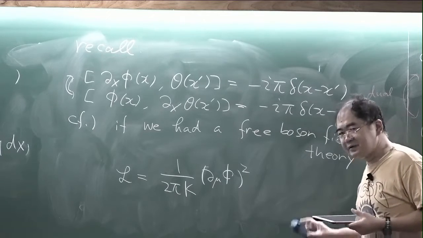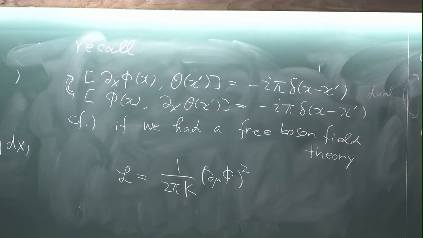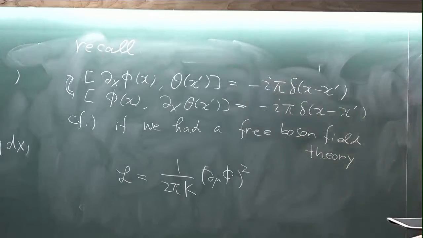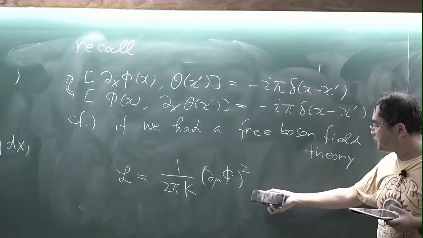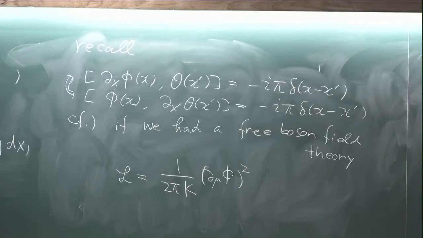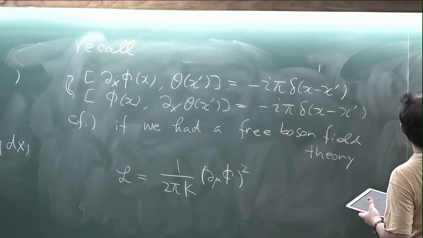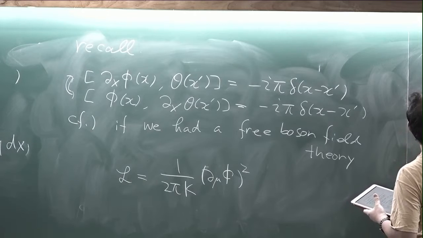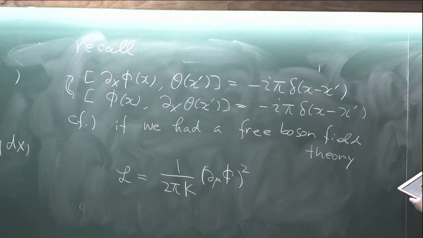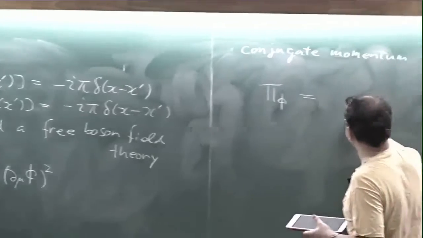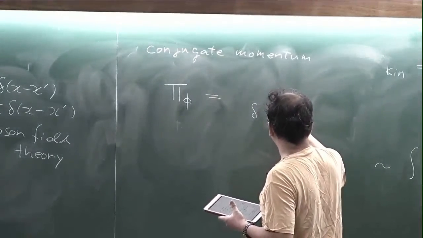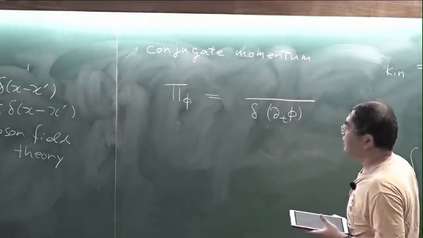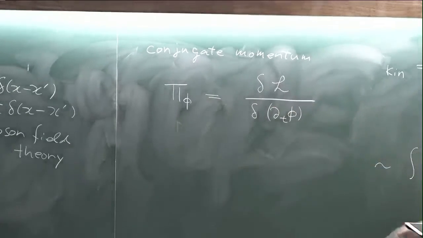And then you can quantize using the path integral formulation, which is also useful. But in order to compare with this commutation relation, we should do canonical quantization. Then the conjugate momentum to phi is defined by taking the derivative of this Lagrangian by dt phi.